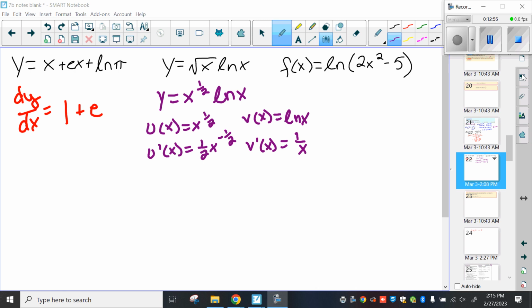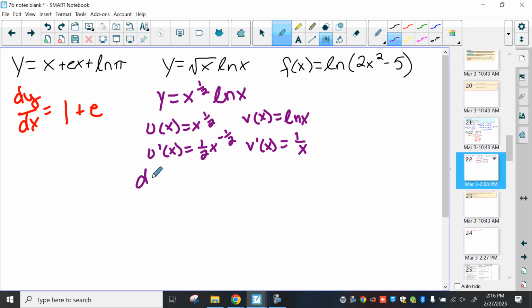Okay, so I just listed out each of the functions. By no means do you have to do u of x and v of x. It just gives you that visual to see, especially when sometimes they're a little bit more on the challenging side. So therefore, dy dx is the one function times the derivative of the other plus the other function times the derivative of the other.